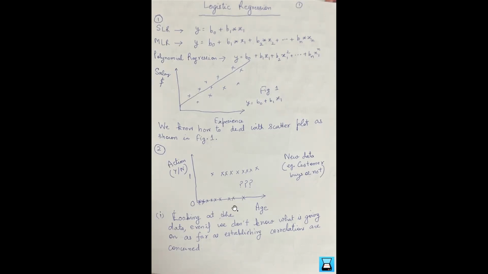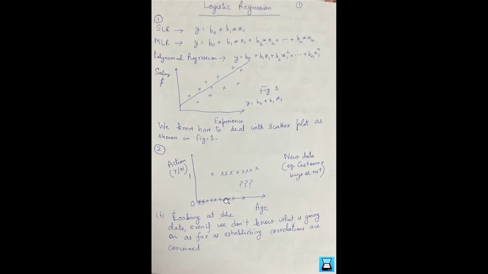If we plot a graph with age on the x-axis and the action on the y-axis, depending on whether the customer is attracted to make the purchase or not, you can see from this graph that for lower ages, up to maybe 25, they decide against the purchase.